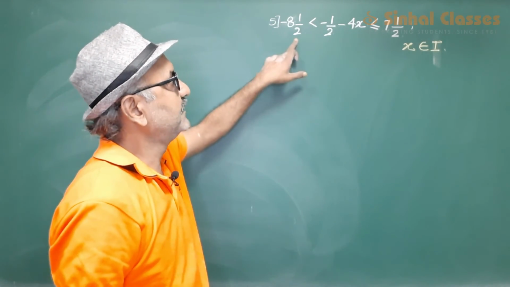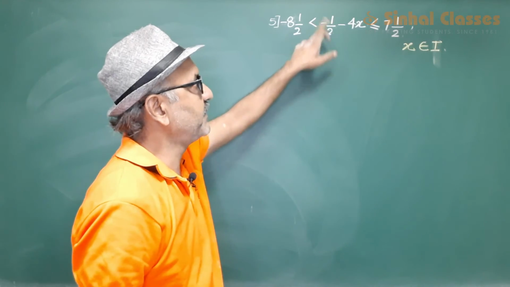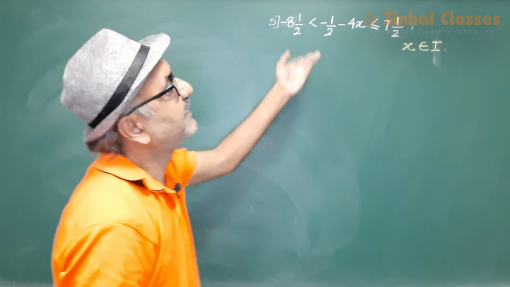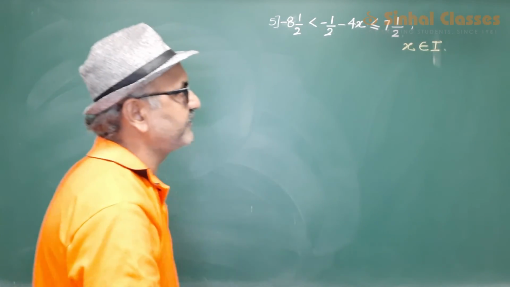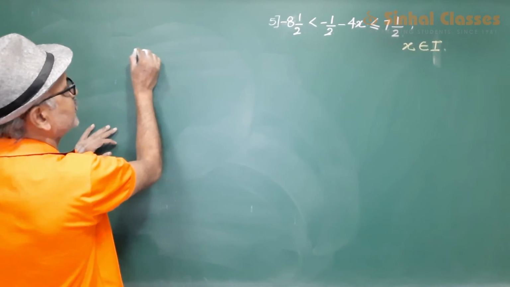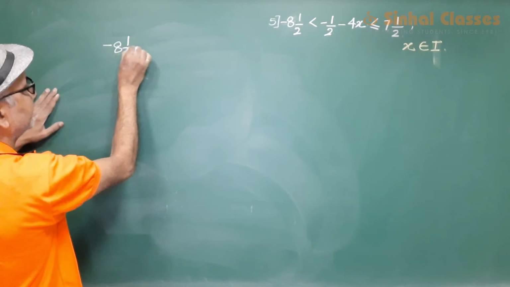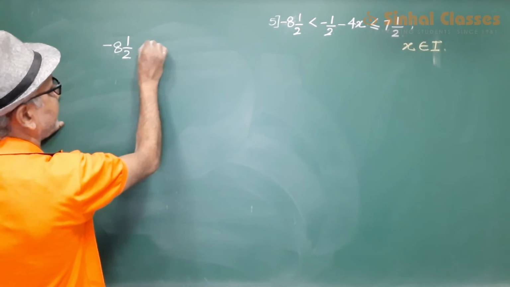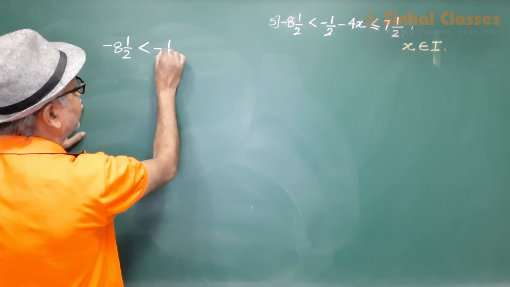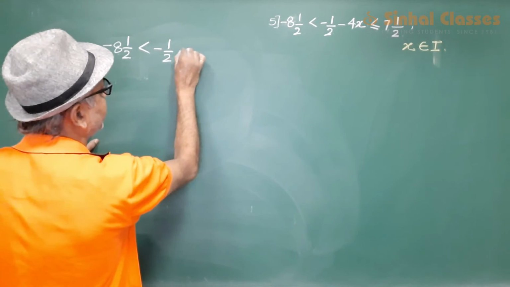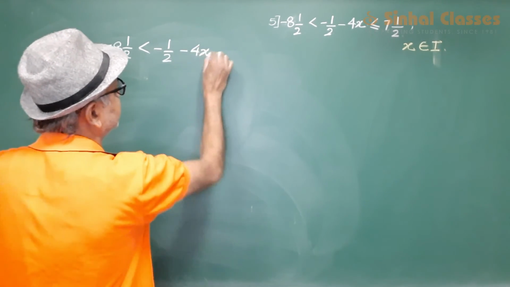Minus 8 and a half less than minus half minus 4x, which is again lesser than or equal to 7 and a half. There are two sides of the inequation. Let us begin with the first one. Minus 8 and a half lesser than minus half minus 4x.